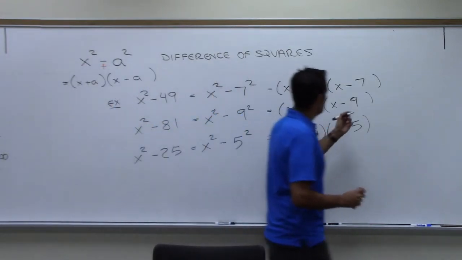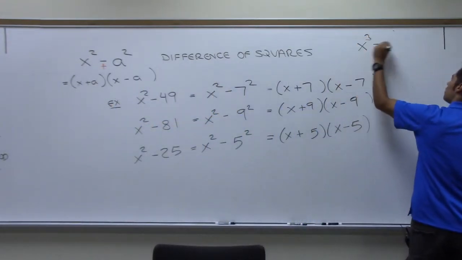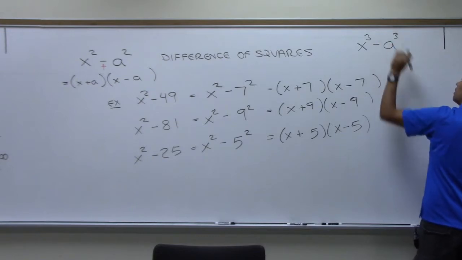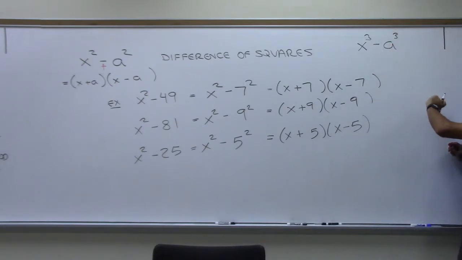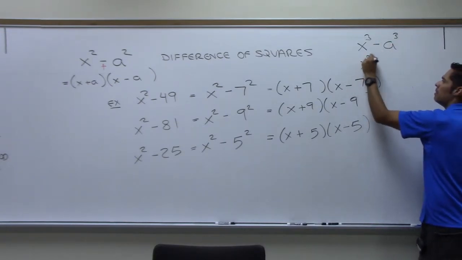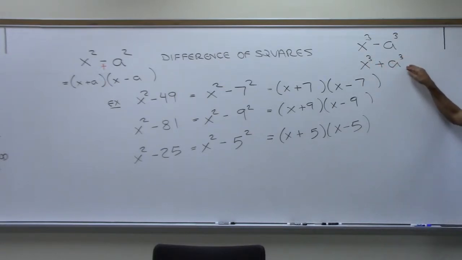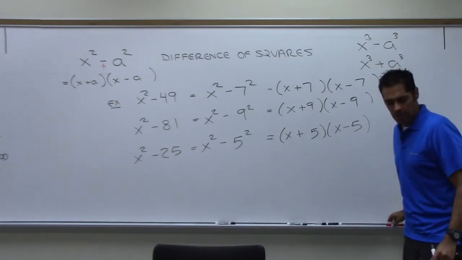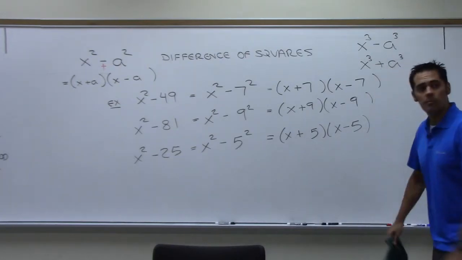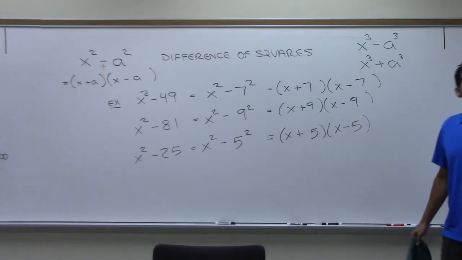There are also 2 more formulas that we're not going to cover in this class. There's a difference of cubes, and there's a formula for it. And there's another one with the plus sign. There is a formula for this one also. So we won't focus on those. Just be aware that they do exist.